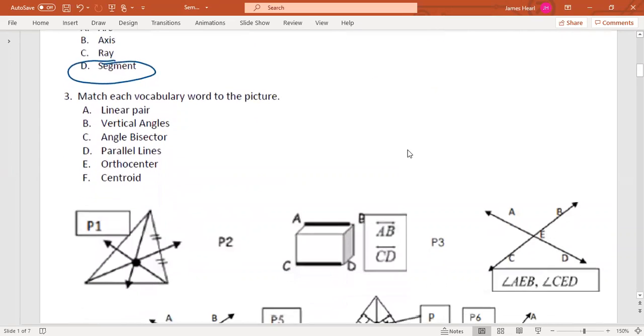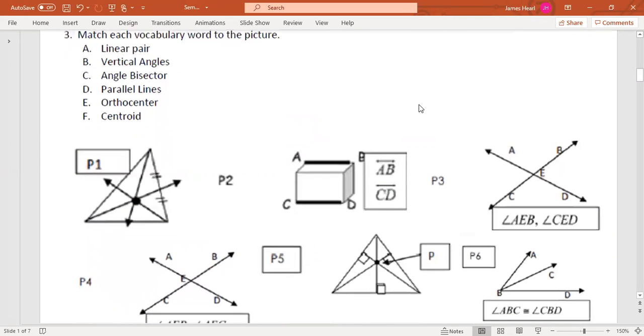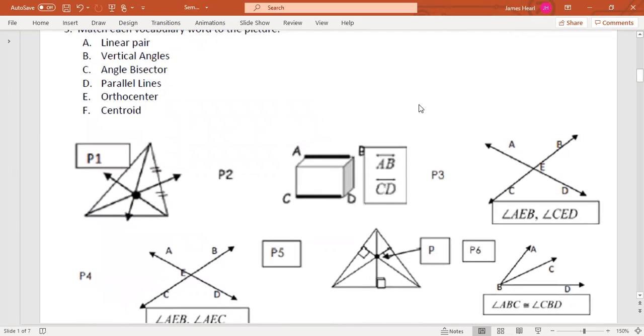For 3, we're going to match up some details here. So for the first one, for A, we're given linear pair. So we are looking for 2 angles that would be side by side forming a straight line. Only pictures 3 and 4 potentially show this. Now it's just a matter of what the angles actually say in these two. So in 3, we have angle AEB, which would be the one on top here.